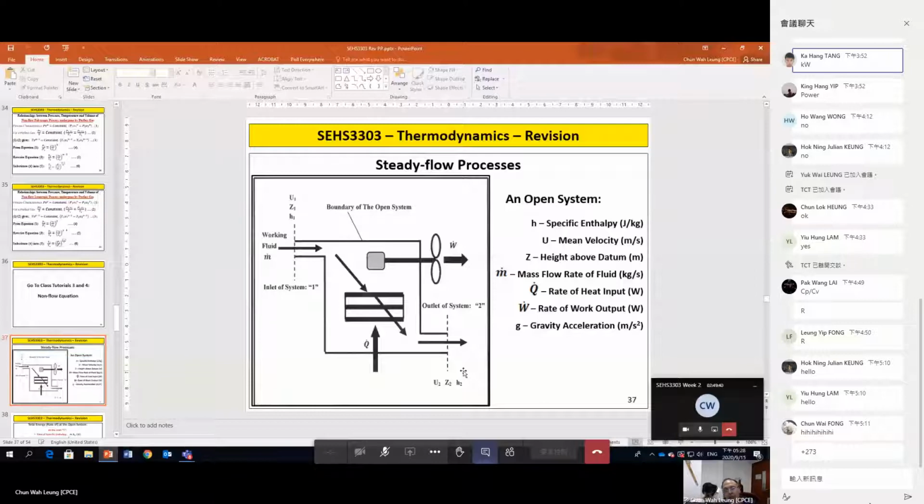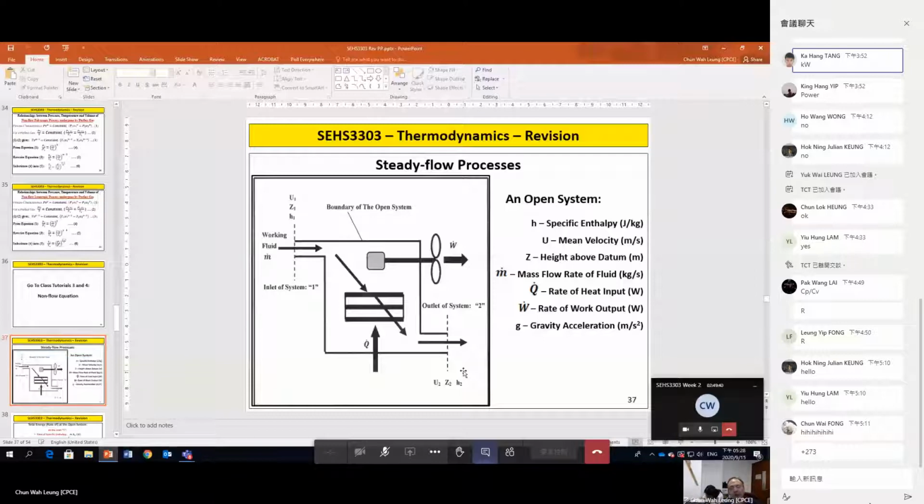The higher its position, the higher its potential energy. So we usually draw a datum line and then compare everything with the datum. Related to the datum, the fluid will have a certain potential energy.